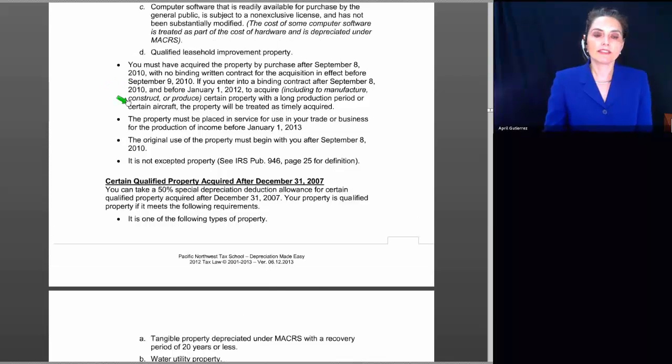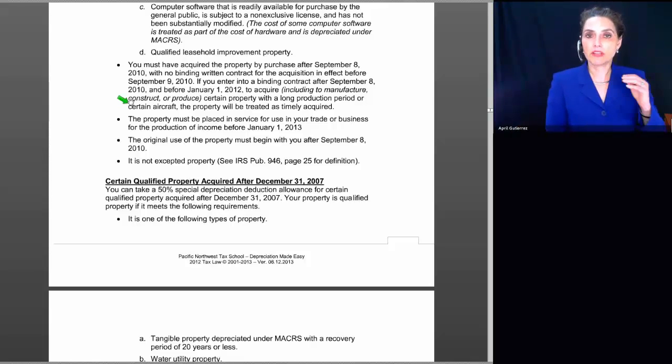So what it's saying is there was a unique period in time there between September 8, 2010 and December 31, 2011 where you could get 100% bonus depreciation by buying an asset. But certain assets that you might order, it may not have been possible to deliver those assets and place them in service within that short time frame.